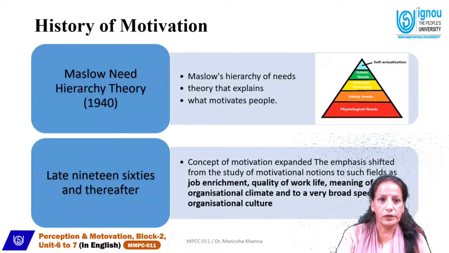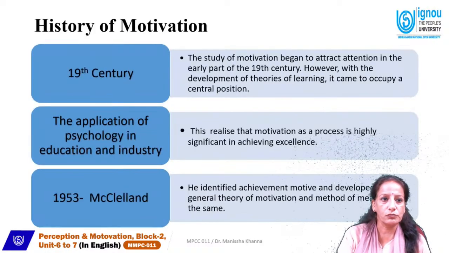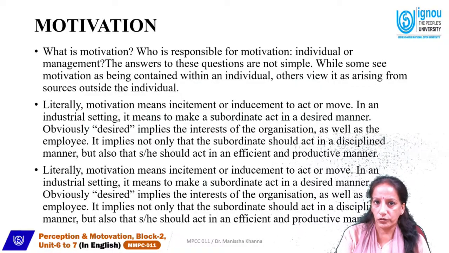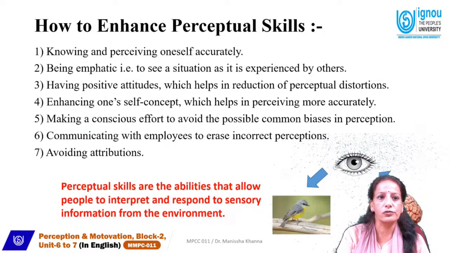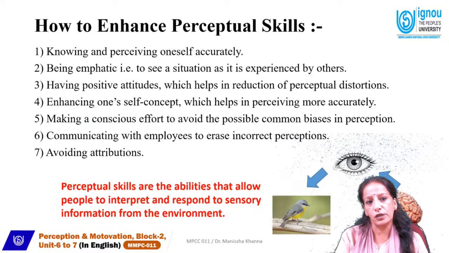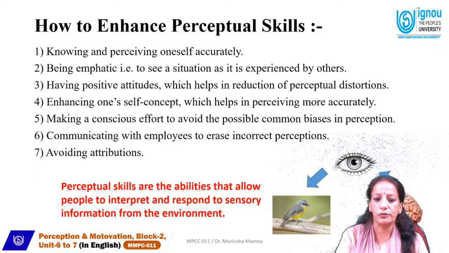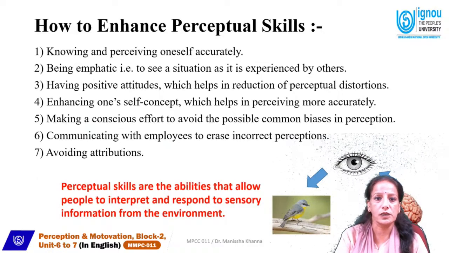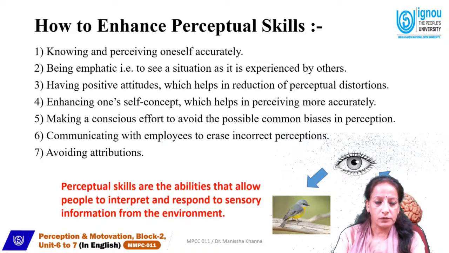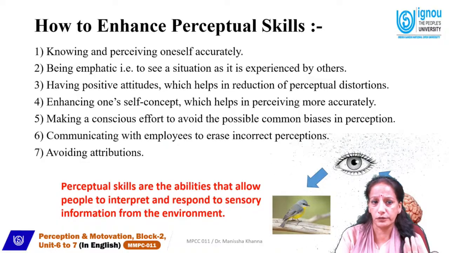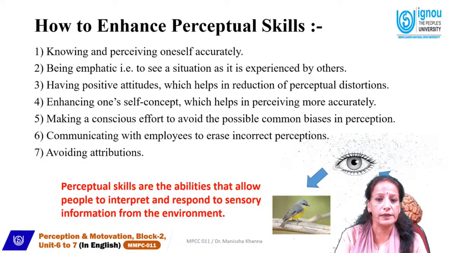So when we get back to motivation, here it is all about the interest of an organization. We also learned about perceptual skills before, which are the abilities that allow people to interpret and respond to sensory information from the environment through any of the senses, that is hearing, seeing, tasting, movement, motions, and smelling.